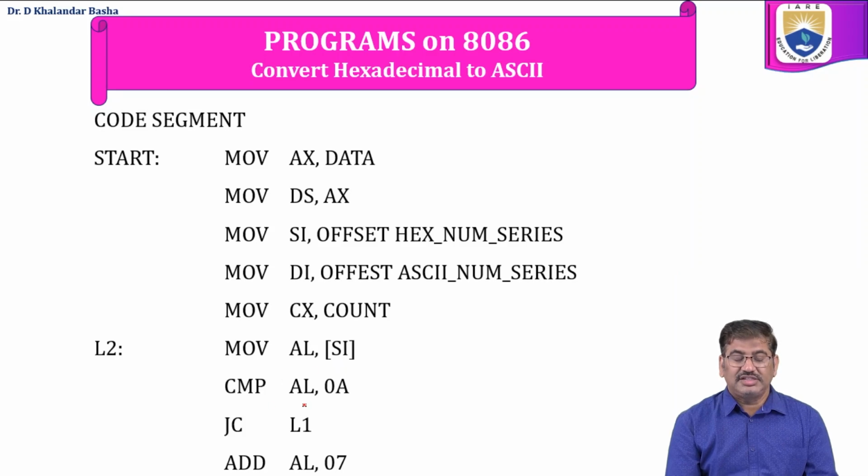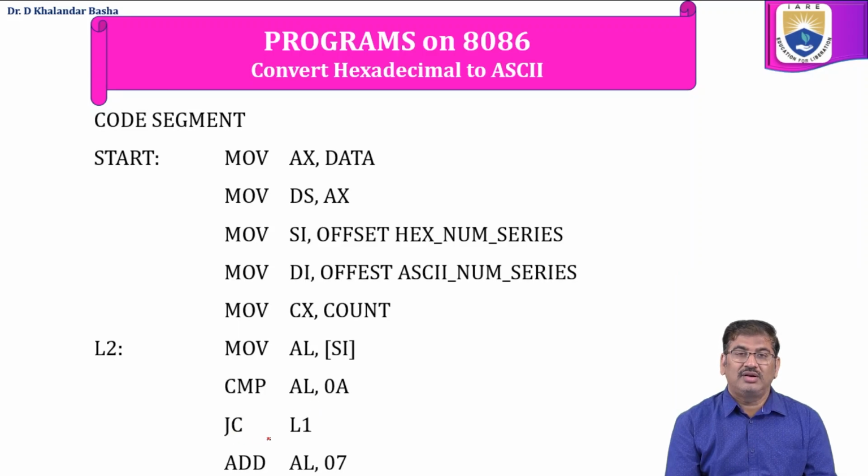Now we compare the AL contents with 0AH. If the number in the AL register is greater than 9, the carry flag is equal to 0. If it is less than or equal to 9, the carry flag is equal to 1.